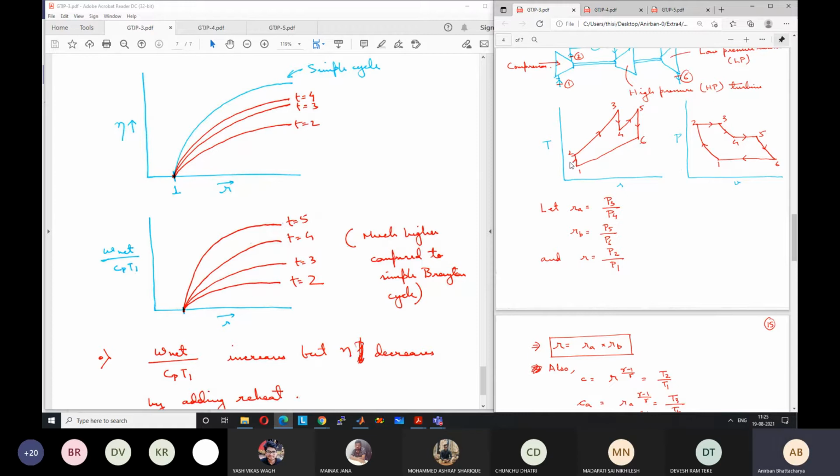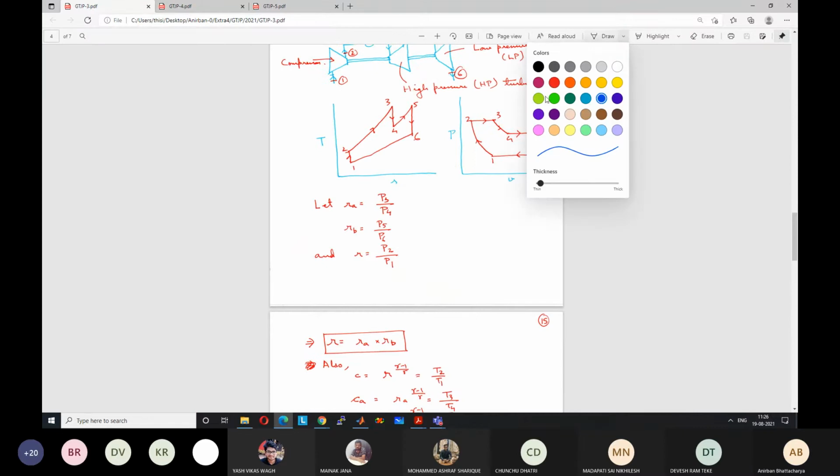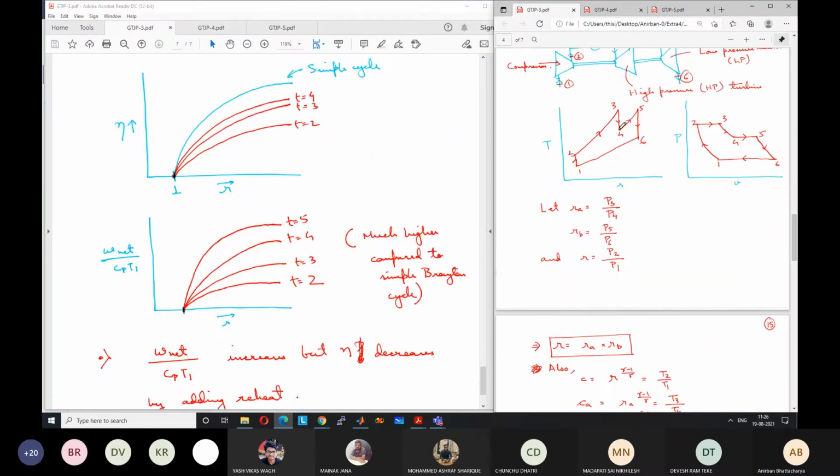So if I have a simple Brayton cycle where the expansion occurs from P3 to P6, I will have a cycle like this. So here my 6 point will be there, right?